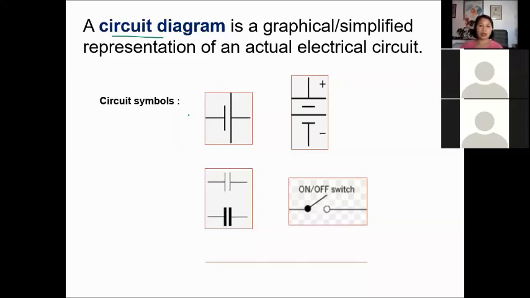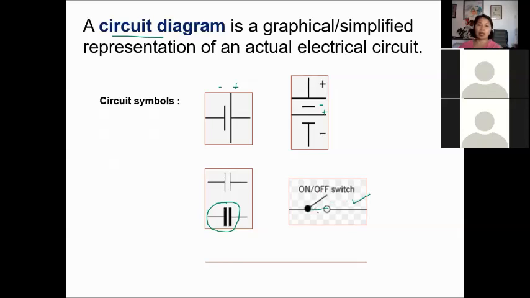So this symbol is for a battery or a source, no? Wherein we have the longer plate positive, the shorter negative. Pag i-series natin yung, for example, battery, single battery yan. Pag i-series natin yung battery, connect lang natin plus, minus, and then plus, minus. Naka-series. Now, symbol ng capacitor in a circuit, symbol ng switch, off, no?